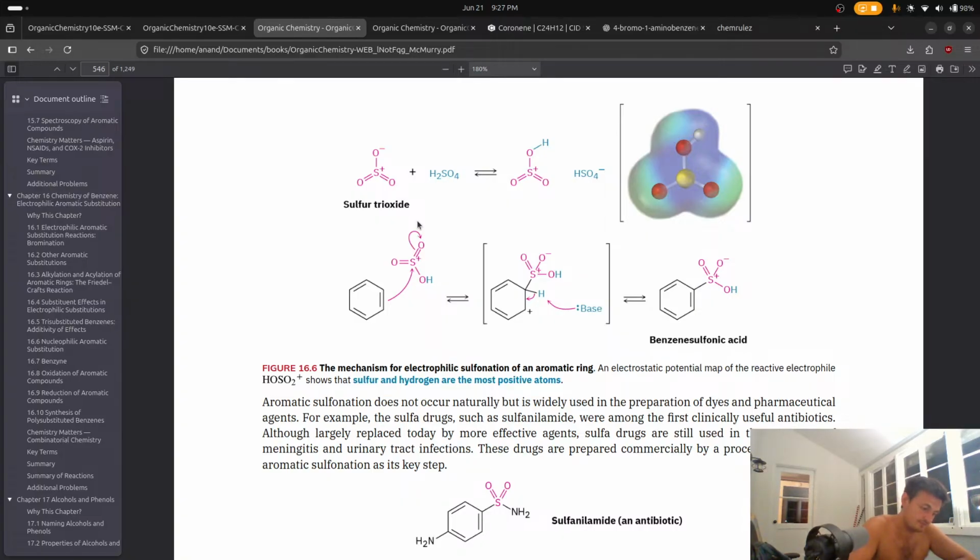And then we get, and this is an intermediate, and this goes to S plus double bond O, single bond O minus, OH. And this is called benzene sulfonic acid. All right. These mechanisms are pretty straightforward at this point.